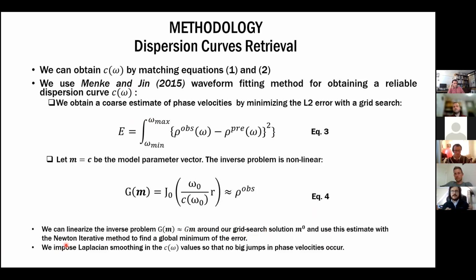We need to be careful, because if our grid search solution is not close enough to a plausible solution, the solution found will not be a global minimum. It will be a local minimum, and there will be no physical validation of the result. Also, we impose Laplacian smoothing on the phase velocity values so that no big jumps in phase velocities occur.